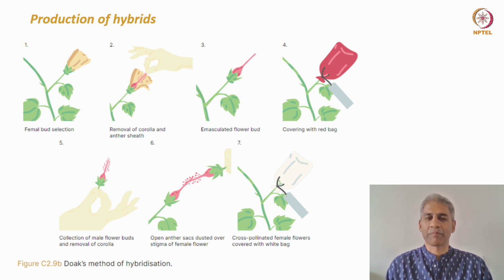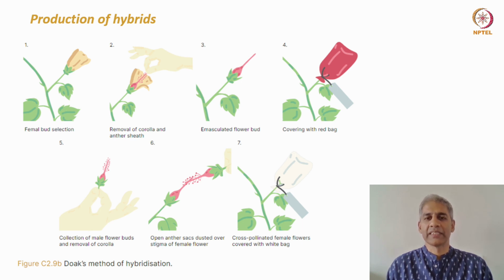We do it in test plots where, to produce hybrids, we choose plants which we want to cross. They might have certain characteristics which we are interested in improving upon. So we choose a female plant in the case of cotton, and in that all the male parts of the plant are removed, including the corolla and the anther sheath.